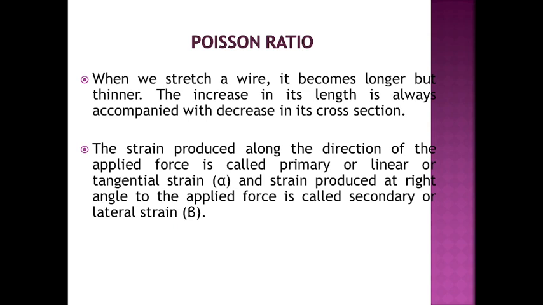So another important phenomenon, that is Poisson's ratio. When we stretch a wire, it becomes longer but thinner. The increase in its length is always accompanied with a decrease in its cross section. The strain produced along the direction of the applied force is called primary or linear or longitudinal strain, denoted by alpha, and strain produced at right angle to the applied force is called secondary or lateral strain.